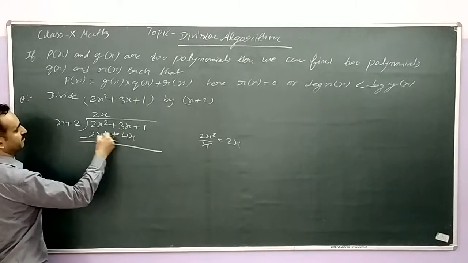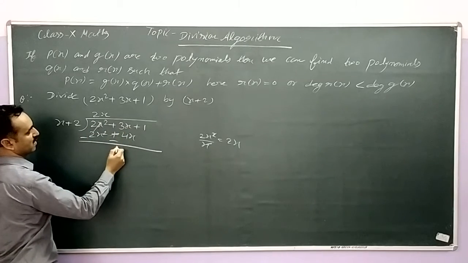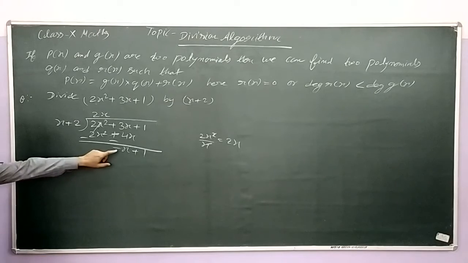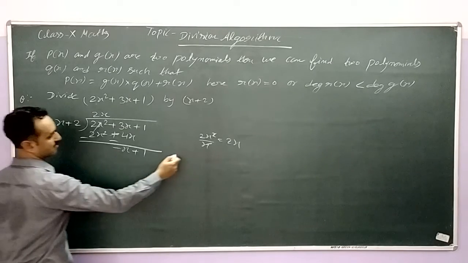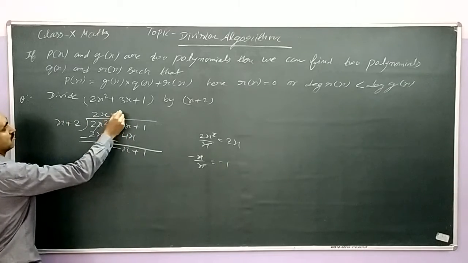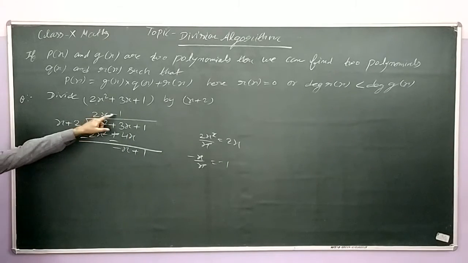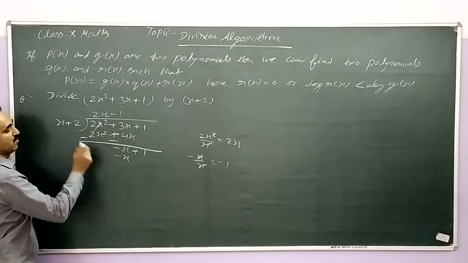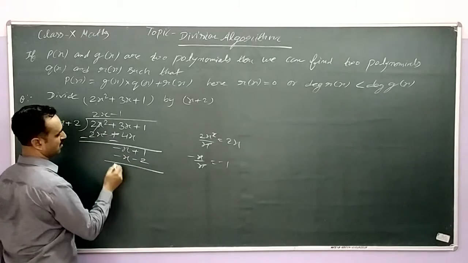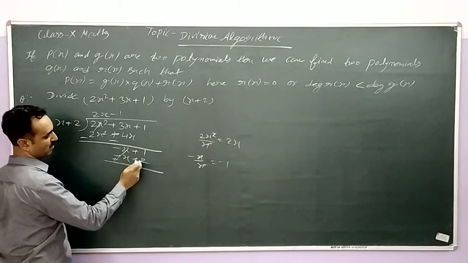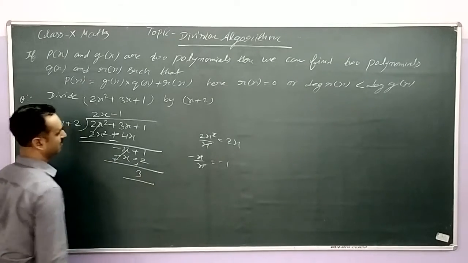Sign change, cancel out. 3x minus 4x is minus x, plus 1. Minus x divided by x is minus 1, so we write minus 1 here. Now minus 1 multiply by x, minus x, minus 1 multiply by 2, minus 2. Again sign change, cancel out because of opposite sign, and 1 plus 2 is 3.